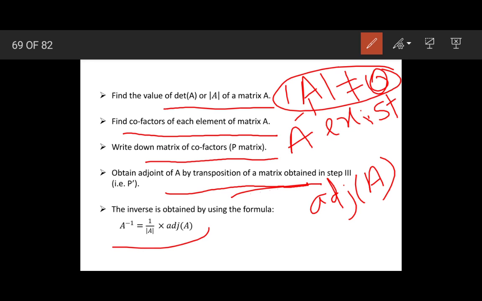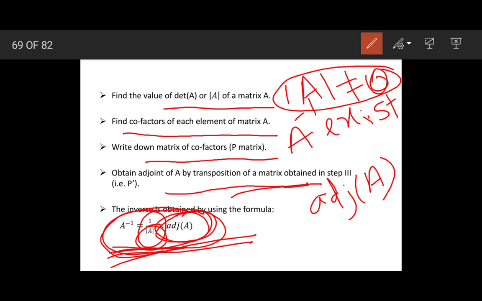In the fifth step, write the formula of A inverse. Now what is the formula for A inverse? A inverse is equal to 1 upon determinant of A into adjoint of A. So write down the formula of A inverse, then substitute the value of the determinant of A and write the adjoint of matrix A. This is nothing but the inverse of matrix A.